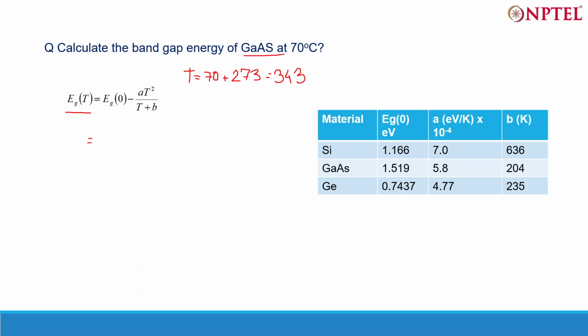And for gallium arsenide, what is the value of EG0? It's 1.519 minus, okay, what is the value of A? 5.8 into how much is the value of T? 343 whole square, 343 plus how much is the value of B?